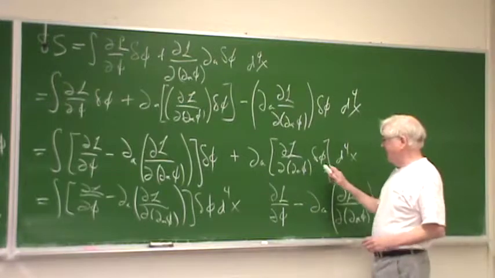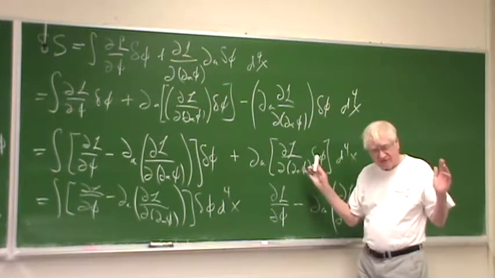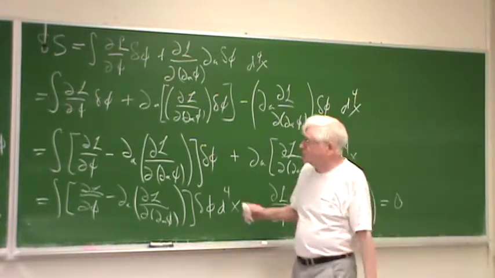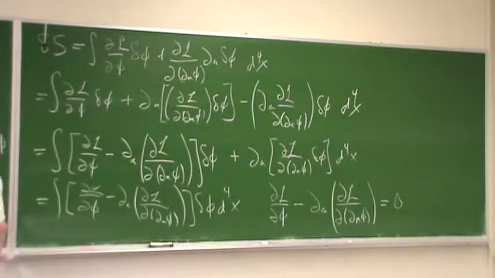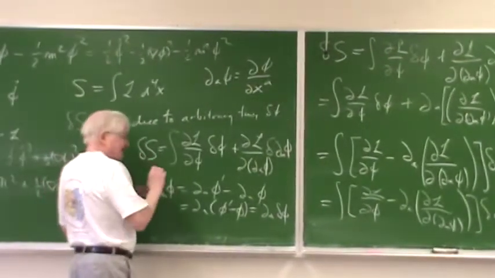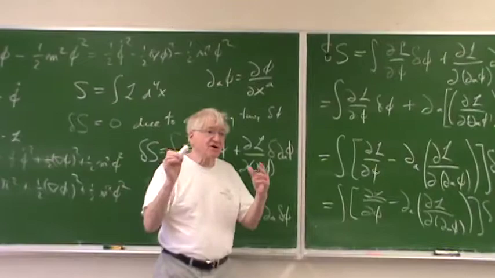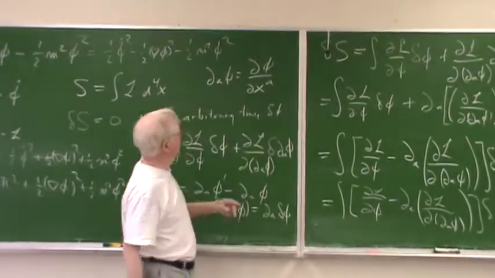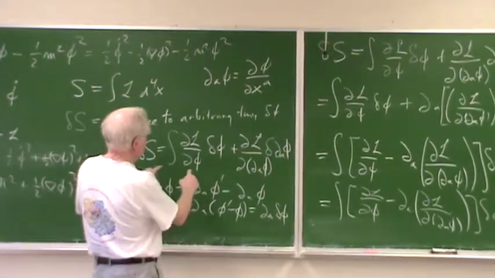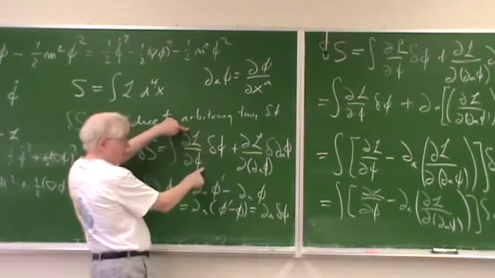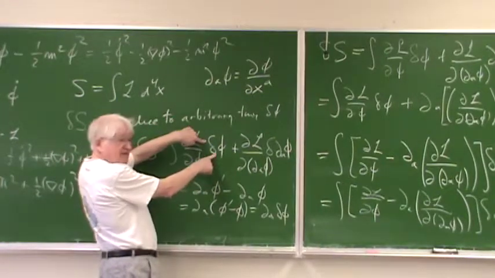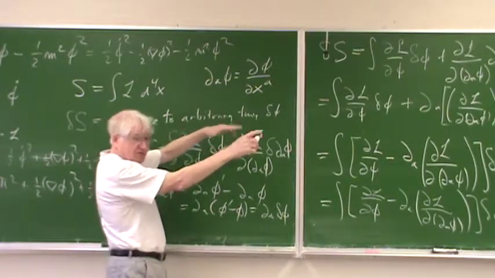Because we define δφ to vanish at big values. And then the principle of stationary action says that δS might have terms like δφ squared, and I didn't even include them here because you'd have the second derivative of L with respect to φ squared times a half δφ squared, and then higher terms and so forth.